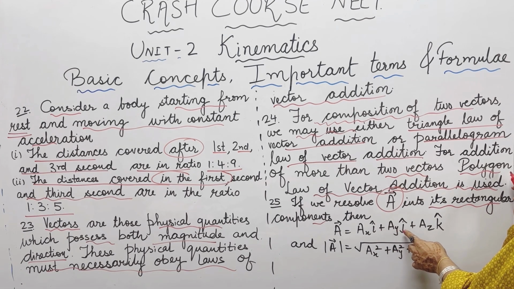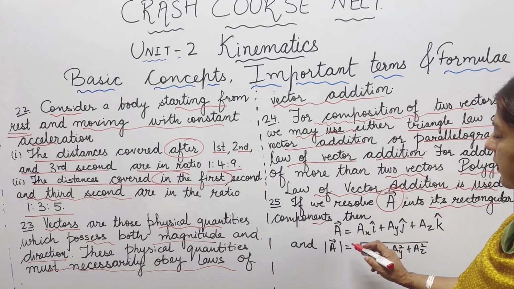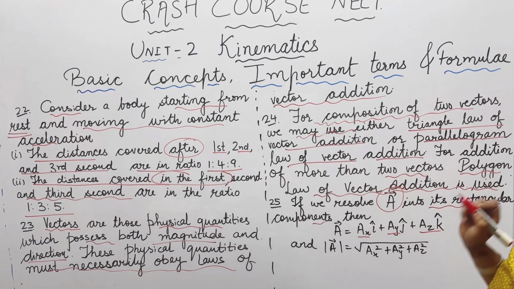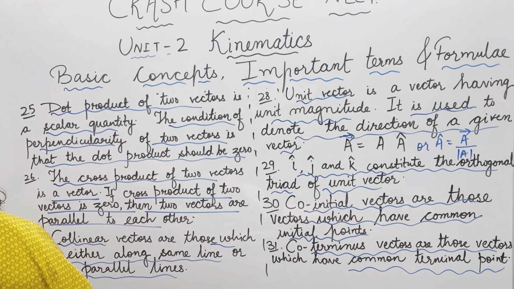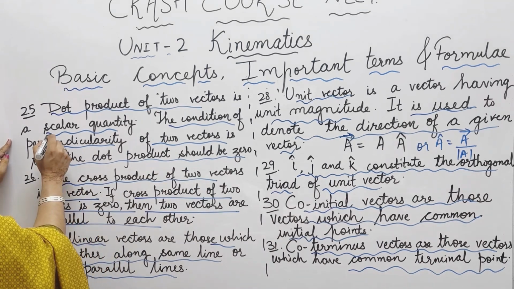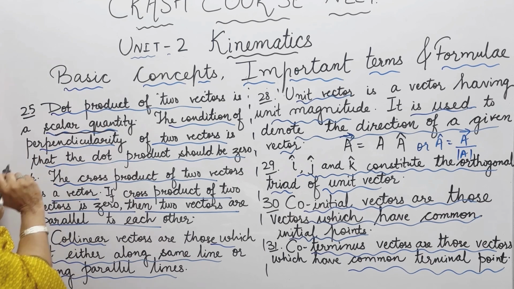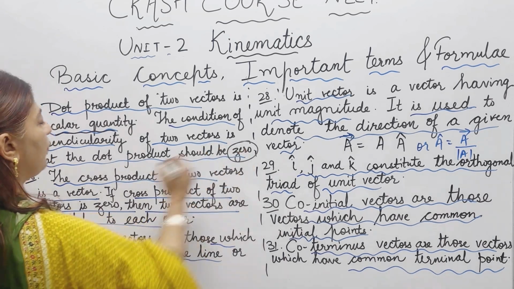If the magnitude of the vector is to be found, it is equal to the square root of Ax² + Ay² + Az². The 25th point is that the dot product of two vectors is always a scalar quantity, and the condition for perpendicularity of two vectors is that the dot product should be 0.